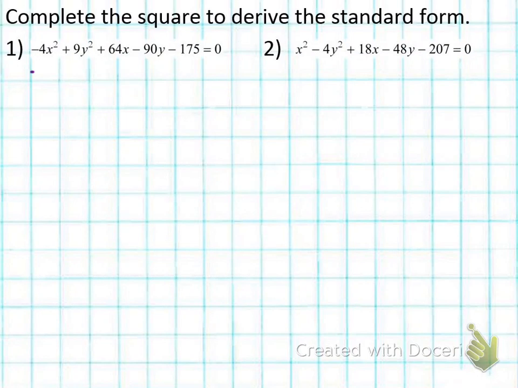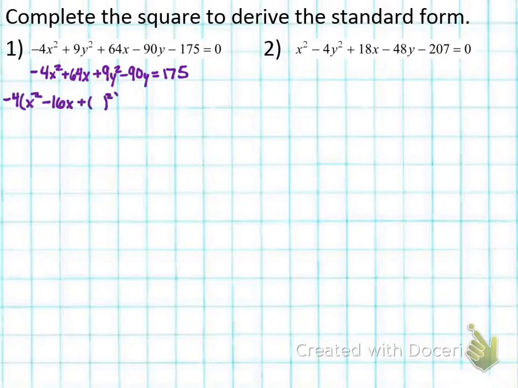So for number 1, the first thing I do is rewrite this equation with the constant moved over to the right side, okay? So I add 175 to the other side. Now I'm factoring out the -4, and I leave space to complete the square. Factoring out the 9, and I leave space to complete the square, and that's going to be equal to 175.